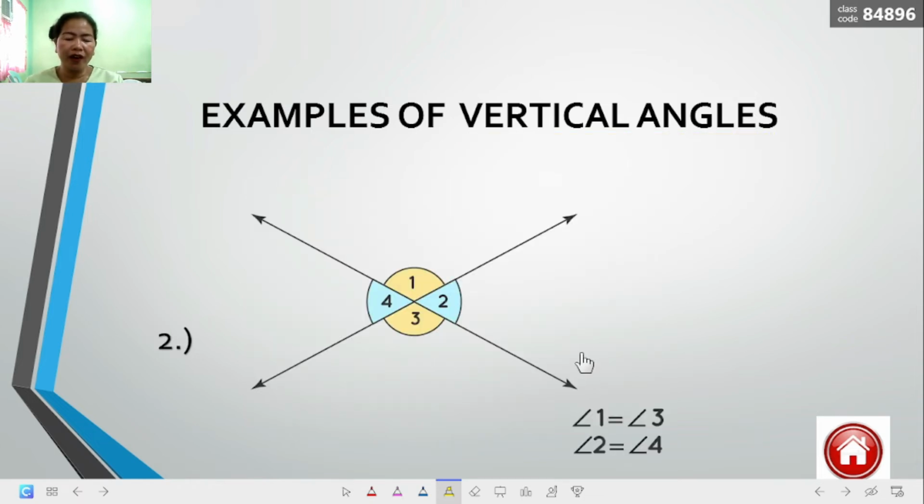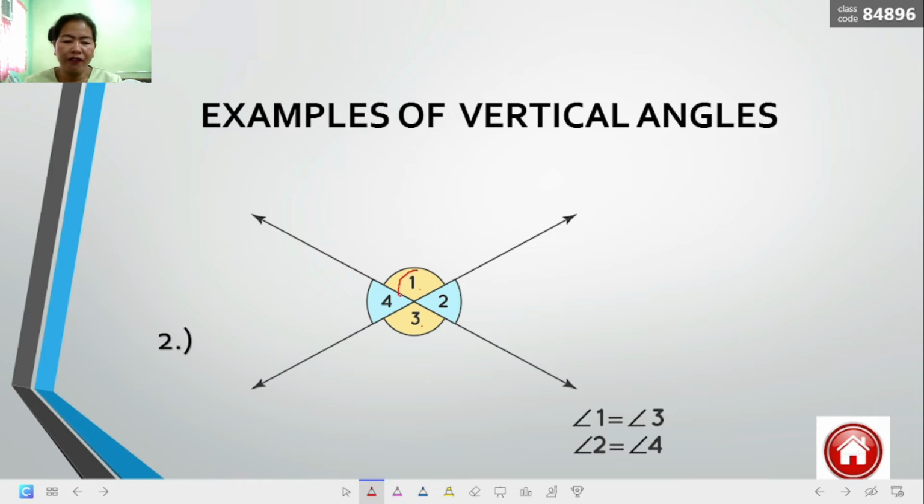So let's proceed to another example. Again, we have here angles 1, 2, 3, and 4, but it is very easy to identify which angles are non-adjacent because they are labeled in the same color. Those labeled with the same color are considered to be vertical angles. So angles 1 and 3 are vertical angles because they are opposite angles and they are labeled yellow.